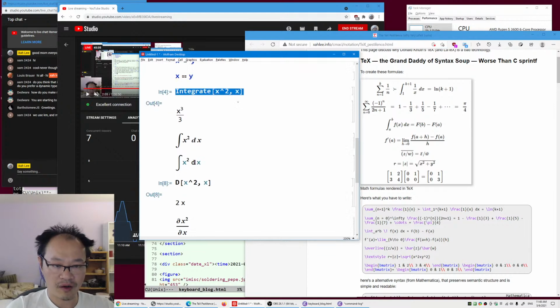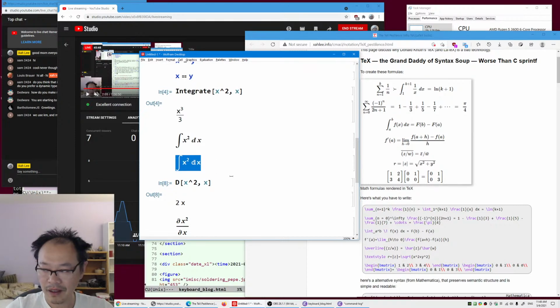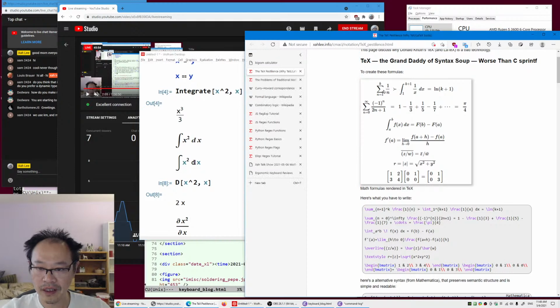This is how you do the integral. You just press Control Shift N to get it rendered in standard form, or Control Shift T for the traditional form. So that's an integral.